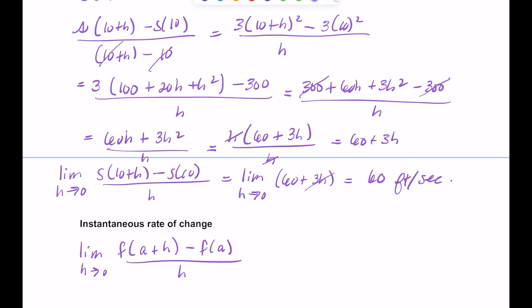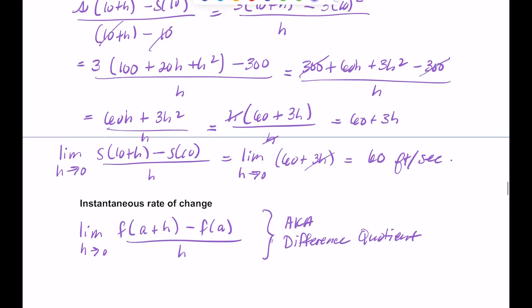This is also known as the difference quotient. So if you see that term, it's also referring to the instantaneous rate of change. And of course, this is provided that the limit exists.